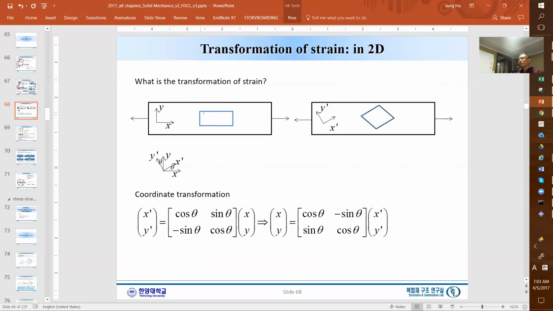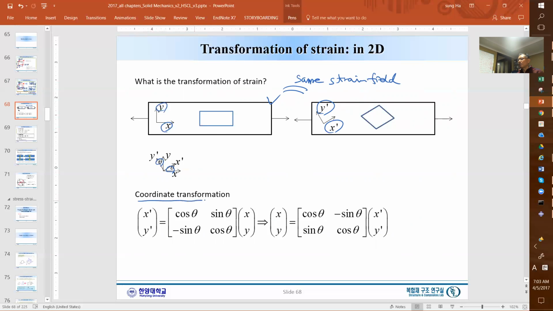XY means we are looking at the strain field using the XY coordinate. Okay. Now, that is the strain component. Now we are looking at the same strain field, but with a different coordinate, which has some angle difference, angle rotation.